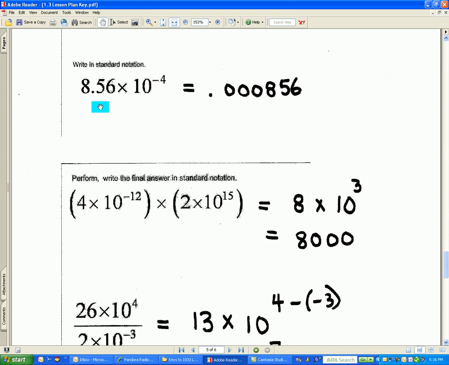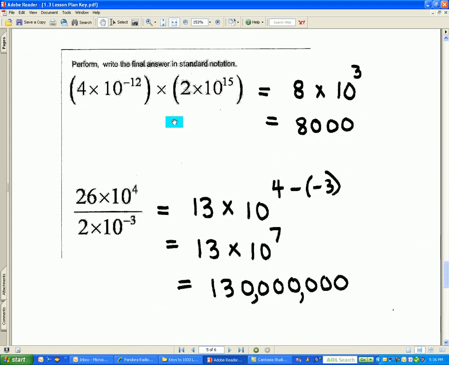Multiplying by 10 to the negative 4th basically is telling me to take the current location of the decimal and move it 4 places to the left, thus giving me the answer 0.000856. So a very good rule of thumb, when you're using scientific notation in either direction, when the power on the 10 is negative, you're dealing with a small number in standard notation.